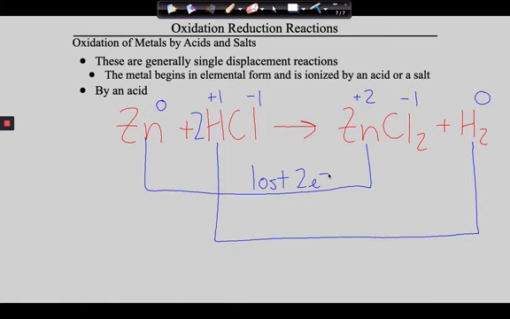So 2 hydrogens each gained 1 electron for a total gain of 2 electrons. Now, what if those numbers are not the same? Then you balance the equation improperly. You're going to find out in chapter 20 there is actually a law of conservation of electrons. But for now, all you need to know is that those should match up.